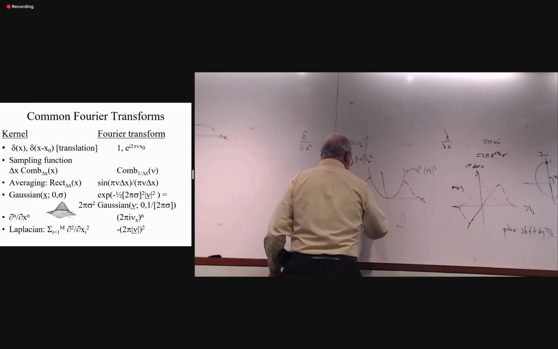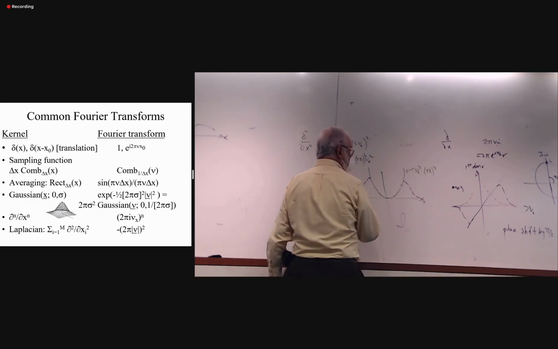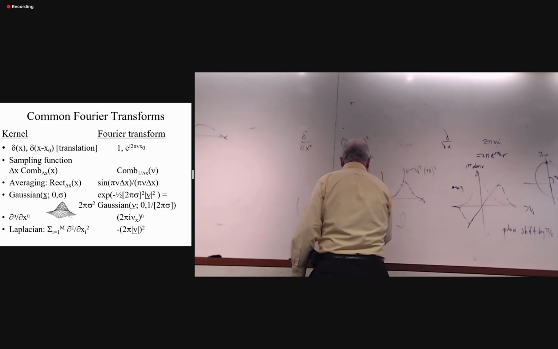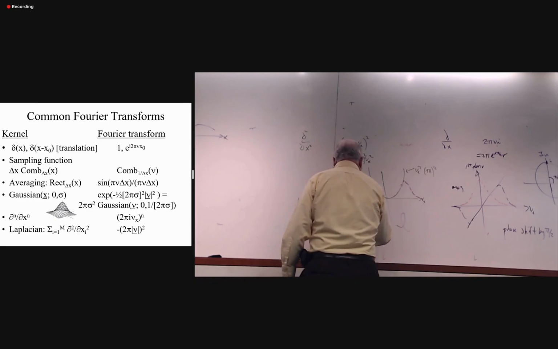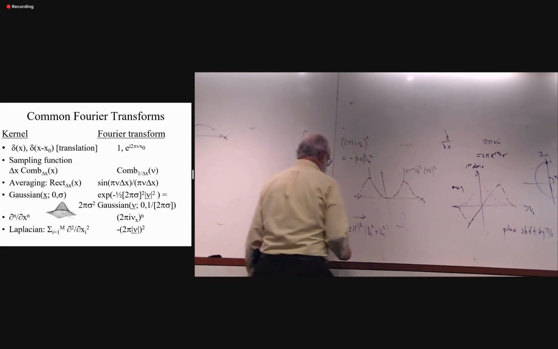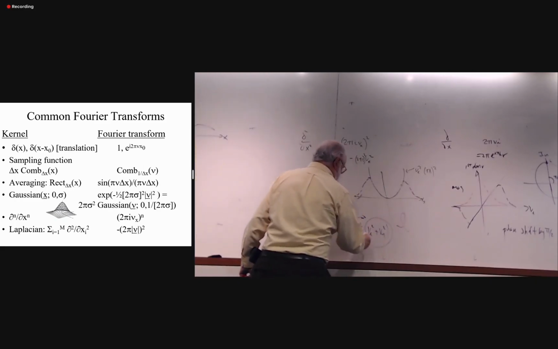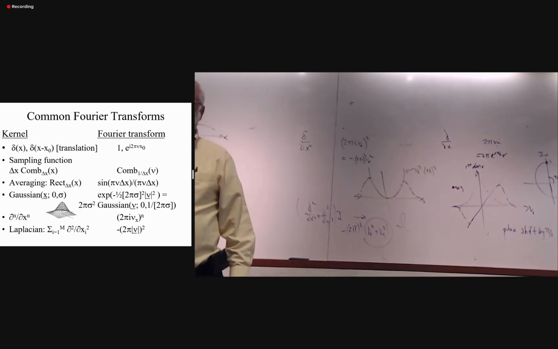transfer function that is minus 2 pi squared times nu sub x squared plus nu sub y squared, because all this is linear. And this thing is just circularly symmetric in x and y. Right?